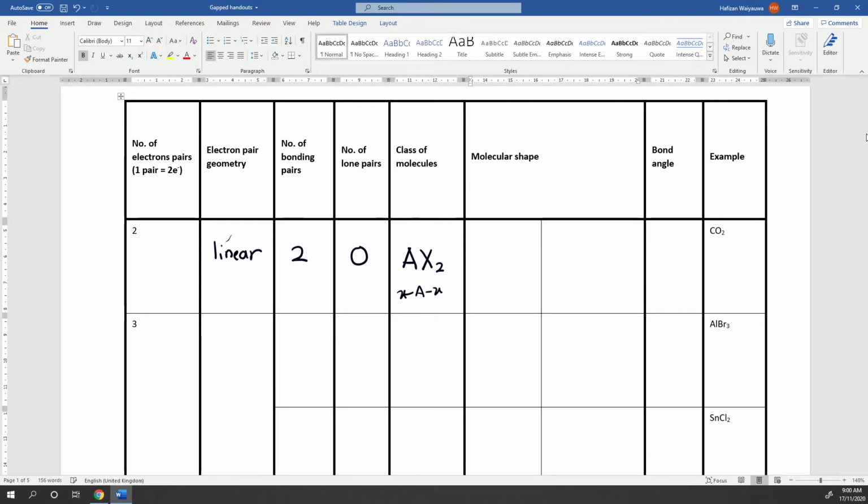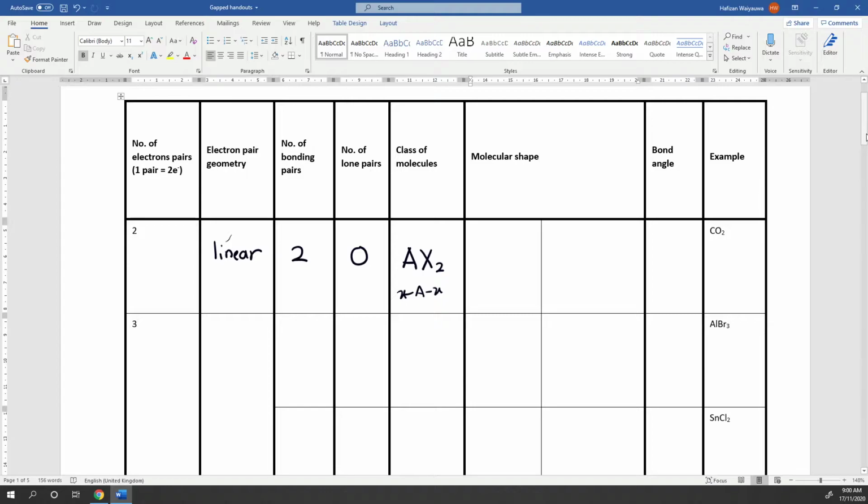So maksudnya example is A, X, X. Kita simplifykan dia, kita tulis terus dalam bentuk AX2. Samalah macam H2O. Tapi kita tengok later kenapa H2O is not linear. H2O, saya tengok balik nanti, is a special case. So, the simplest way is kita letak AX2, sebab lone pairs dia tak ada.